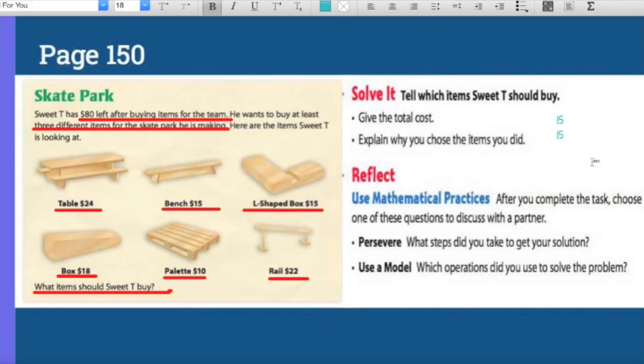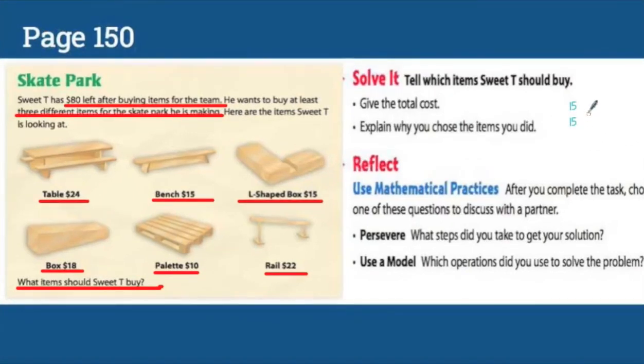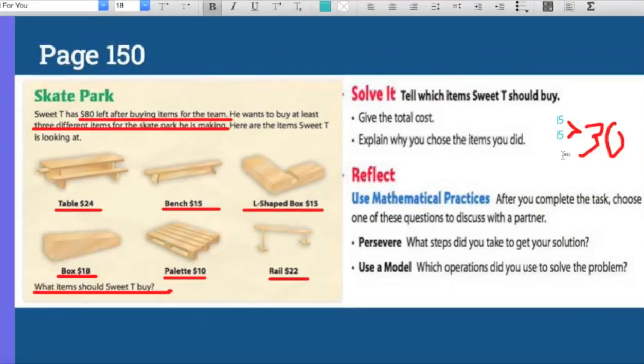But I also said I like that 10. Okay, but then I can also add the 10. And that gives me 40. But I want to keep spending because I have $80 that I can spend.